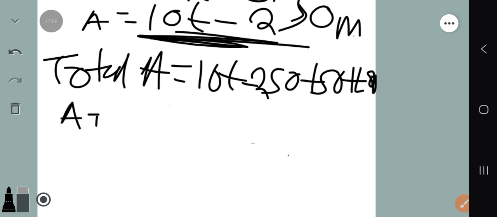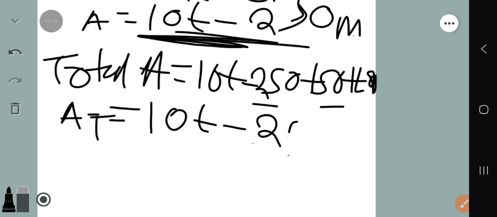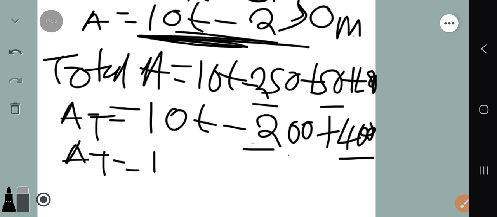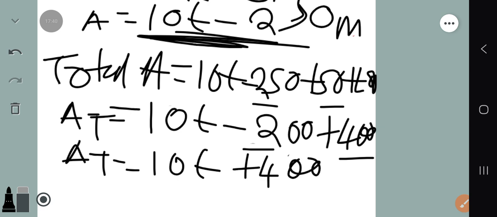So total area equals to negative 250 plus 50. I'm going to have 10t minus 200 plus 400, right? Negative 250 plus 50 is negative 200, and negative 200 plus 400, I'm going to have 200. So total area equals to 10t plus 200.